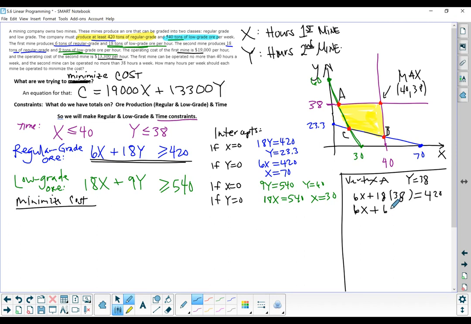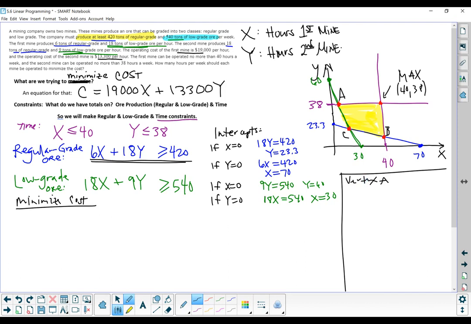I think I have an error. Sorry. It's probably because of my handwriting. There's something wrong though. Let me go back just a second. Oh my gosh, I see the problem. I'm so sorry.